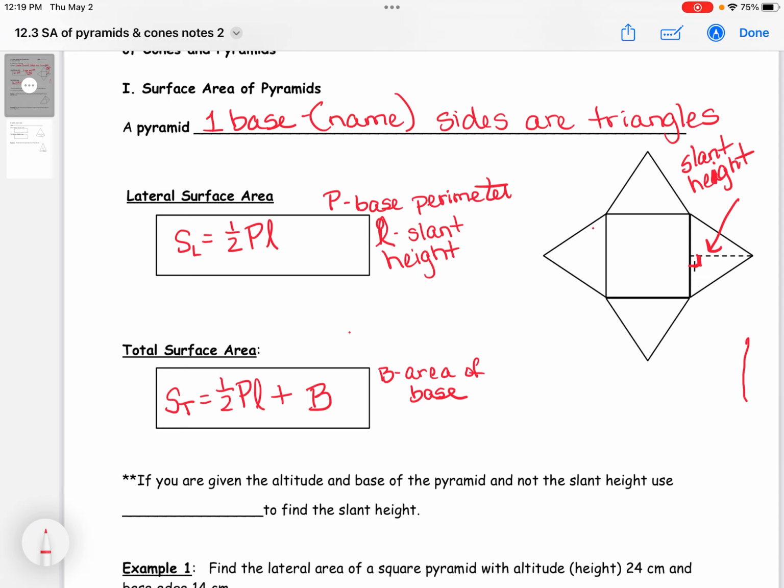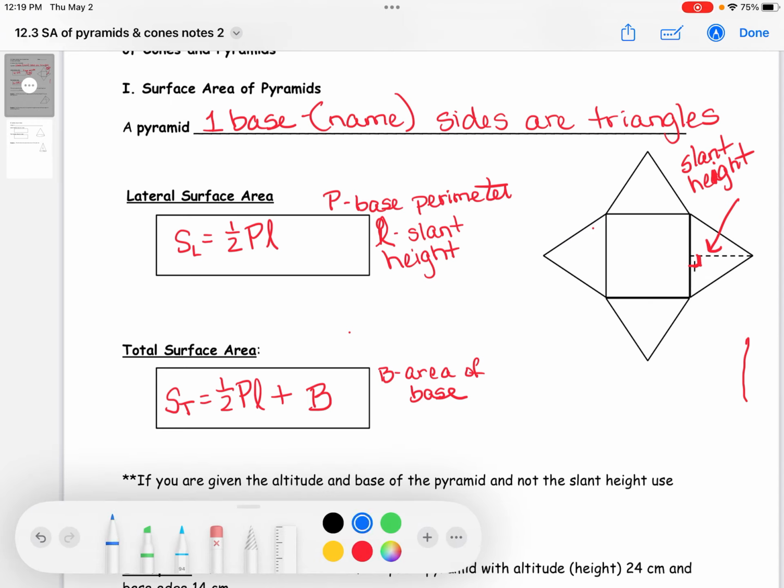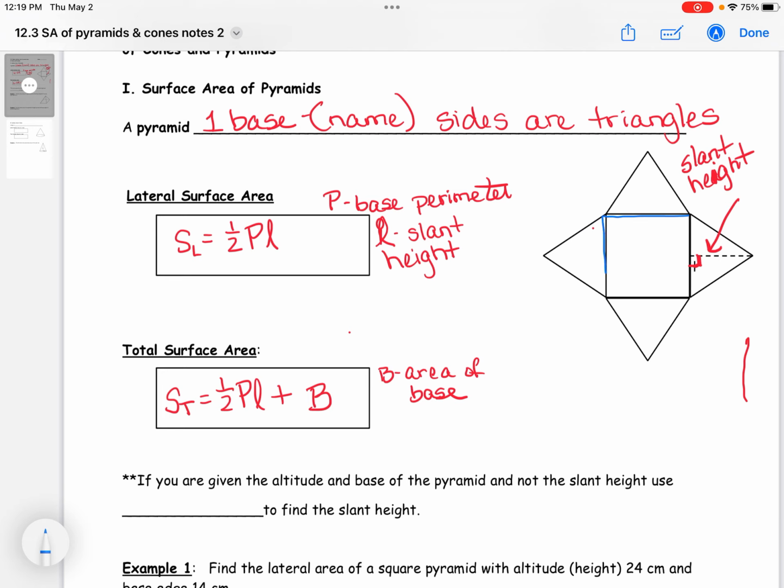So this guy over here on the side, if I was going to name it, I'm going to assume this is a square. So I could call it a square pyramid. I could probably also call it a rectangular pyramid, since I don't really know if all the sides are the same. That would probably be my safer one.